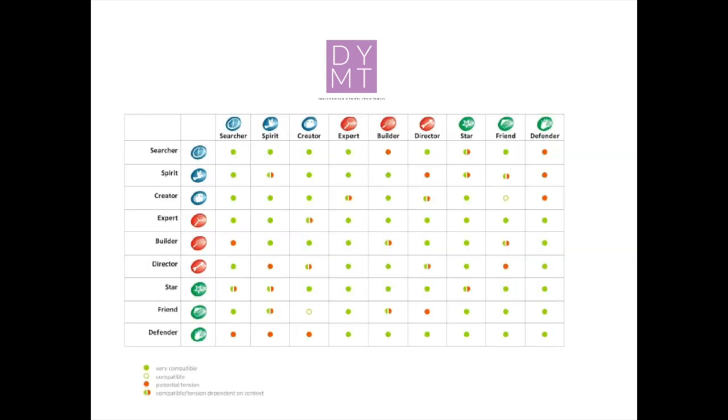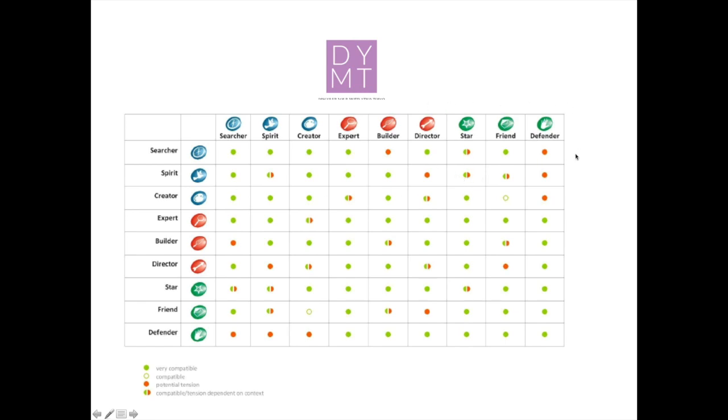This is a chart which actually looks at all of the motivators and how compatible they are, or where there might be potential tension. And a rule of thumb is that if you have the relationship motivators and you compare them with the growth motivators, then there will be more tension there.